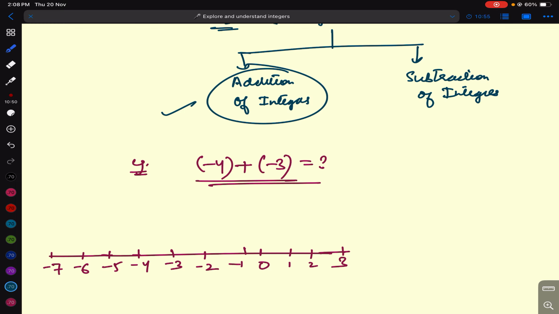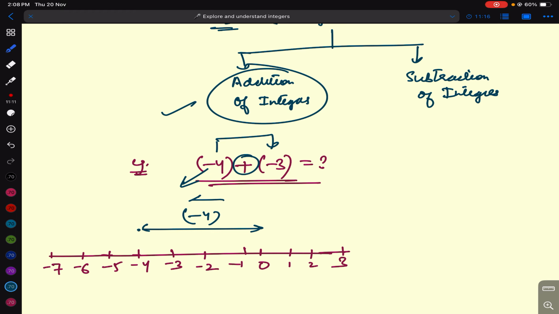Now when I represent the -4 here, starting from 0 till -4, right? So this is your -4. And now what we are doing, we are adding -3 to -4.